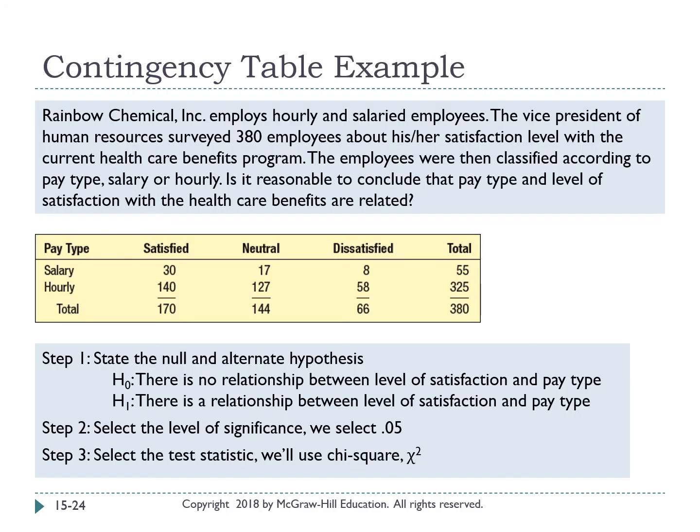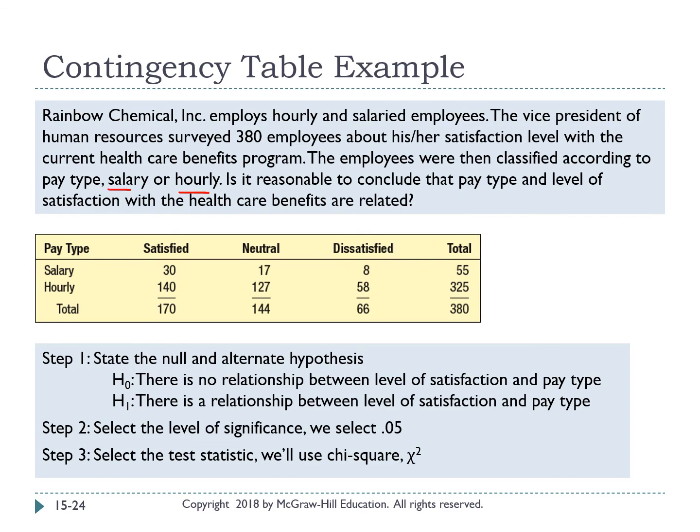Let's look at another example of contingency table. Rainbow Chemical Incorporation employs hourly and salaried employees. The Vice President of Human Resources surveyed 380 employees about their satisfaction level with the current healthcare benefits program. The employees were then classified according to their pay type, salary or hourly.